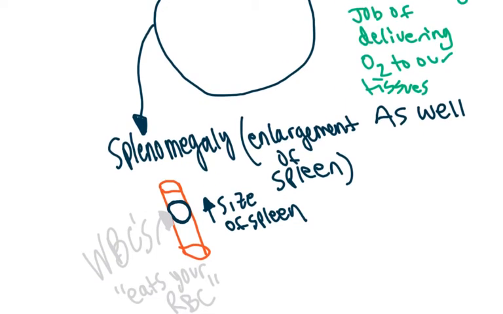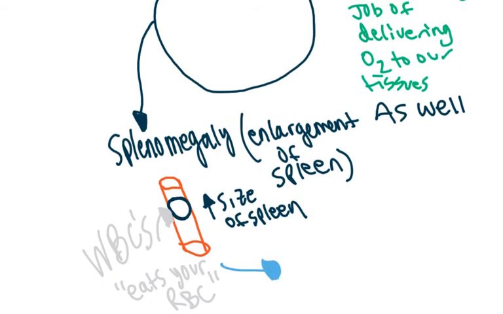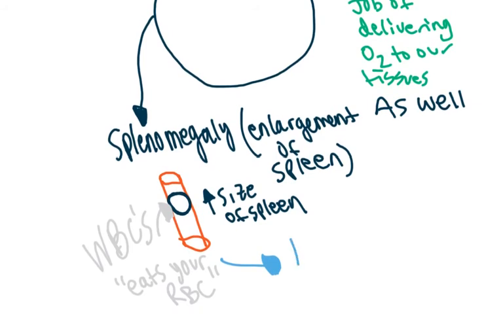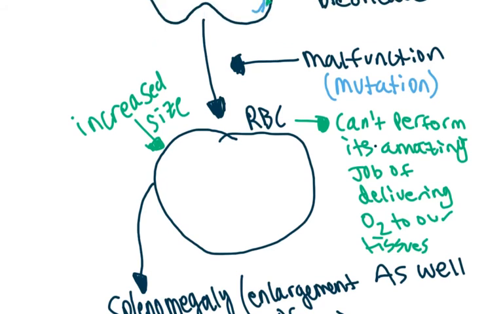And so as your white blood cells keep on coming and destroying your own red blood cells because they're too big and blocking your blood vessels, it's going to lead to a low amount of red blood cells, right? Remember, in iron deficiency anemia, we were working with microcytic anemia. Well, here the red blood cell increases in size.